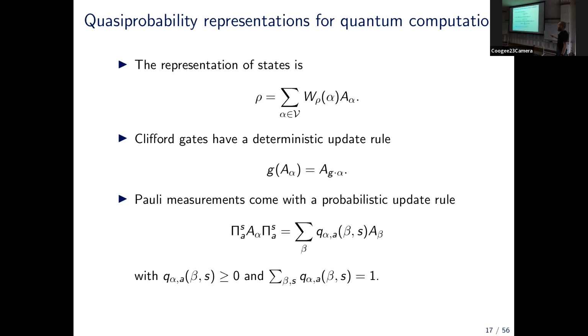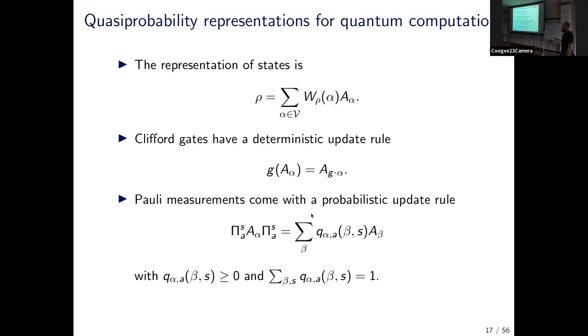So given that we have some set of operators that satisfy all those constraints, this is what the representation of quantum computation looks like. So roughly the same as before. We have some set of operators that span the space of Hermitian operators. So any state can be represented like this, where these coefficients are real and they add up to 1. They map deterministically to other phase space point operators under all Clifford gates.